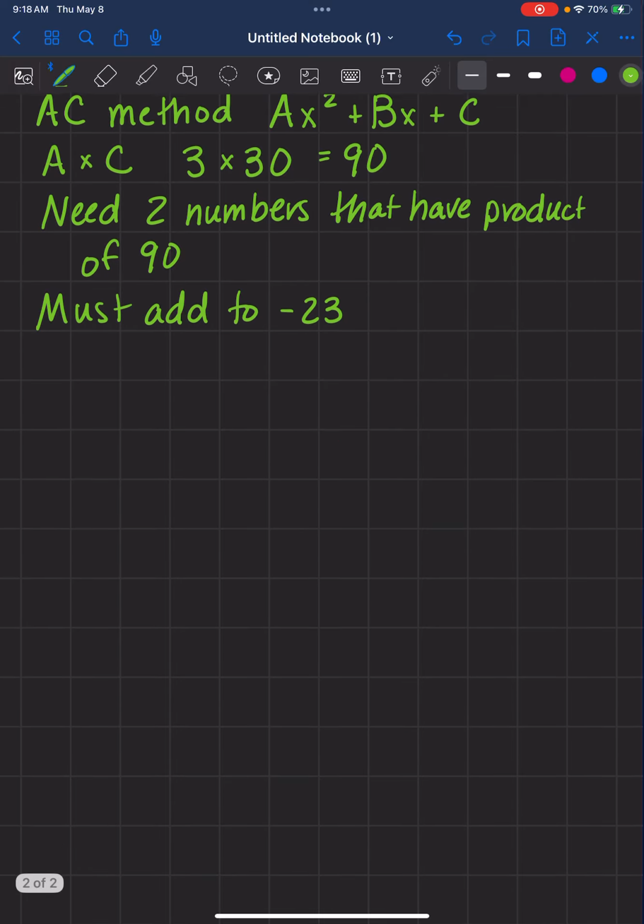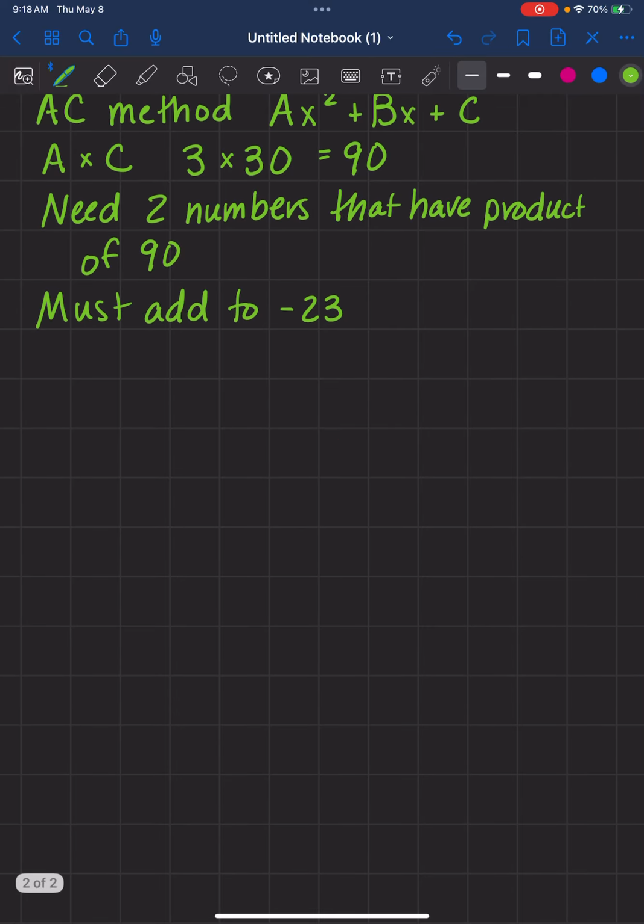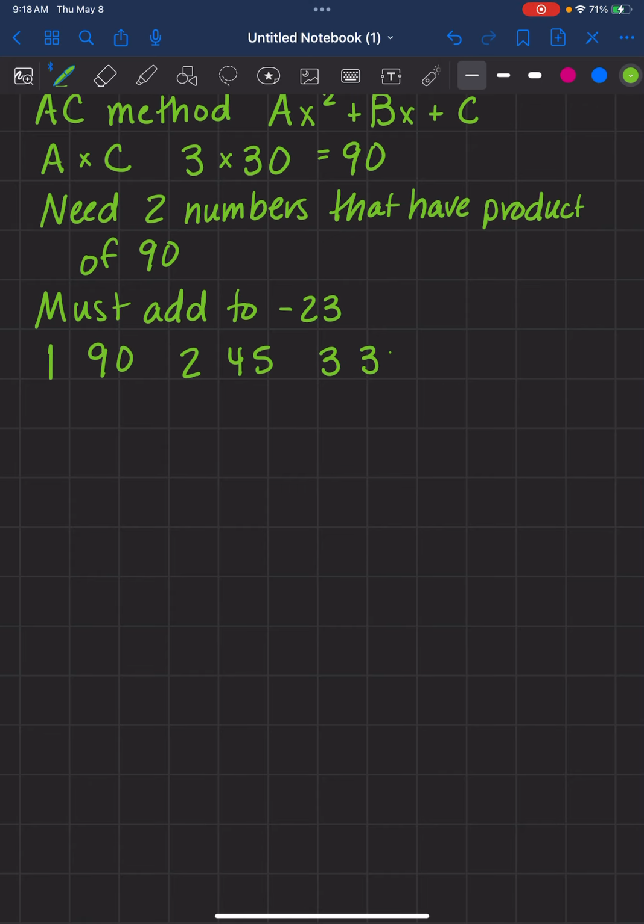So we start looking at combinations of numbers that have a product of 90. You can do this any way that you'd like. I like to start from 1 and 90, and then 2 and 45. I just keep writing out the ones that have an even division. 3 and 30. 4 doesn't go in evenly. 5 and 18.